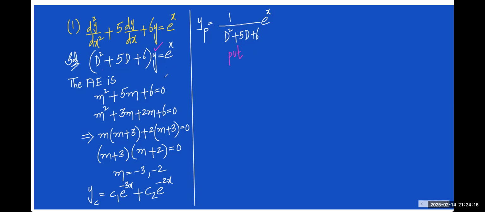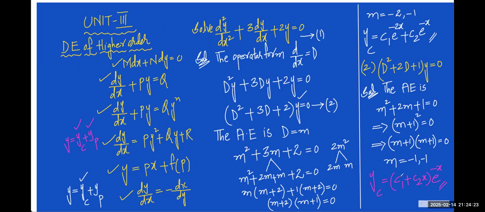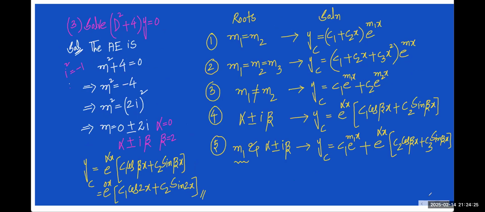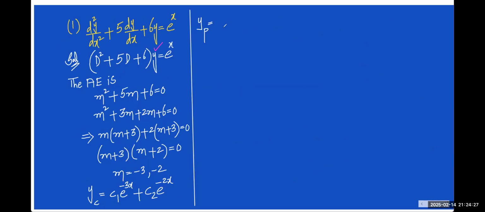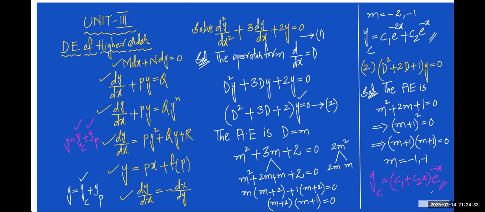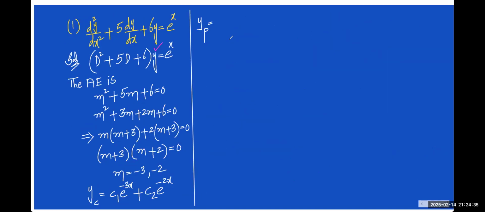One more shortcut. Instead of writing like that, I'll show you. To find yp for this one, let me write one more step. It will be e power x divided by d square plus 5d plus 6.